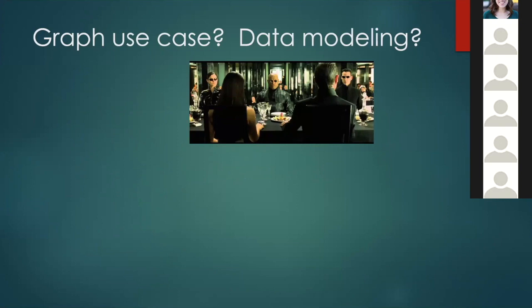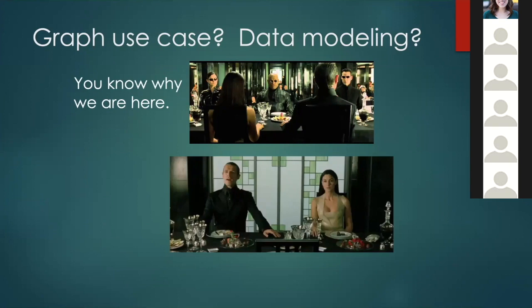When we have a graph consult, which we really only get a few a year, it reminds me so much of the scene in the second Matrix movie, where Neo and Morpheus and Trinity are sitting down with the Merovingian and Persephone, and they say something ominous like, why we're here, and then Becky and I take the roles of Persephone and the Merovingian, and we're like, yes, we know why you're here, but do you?